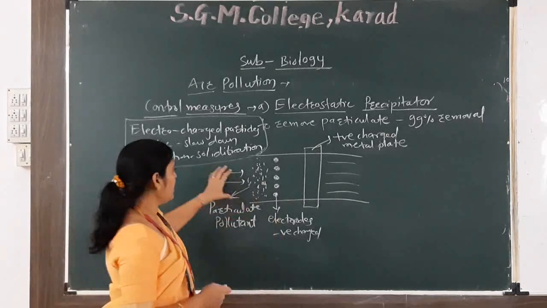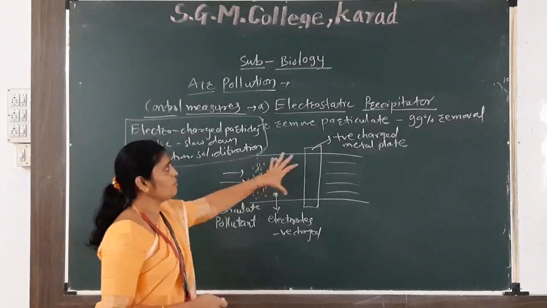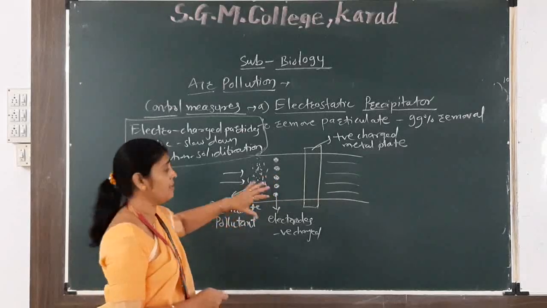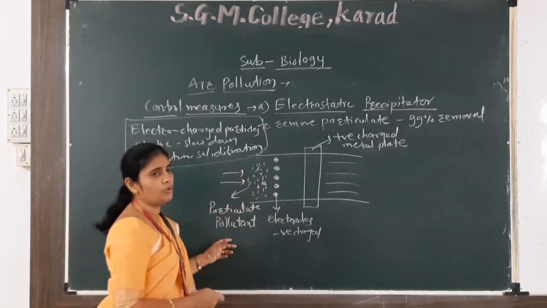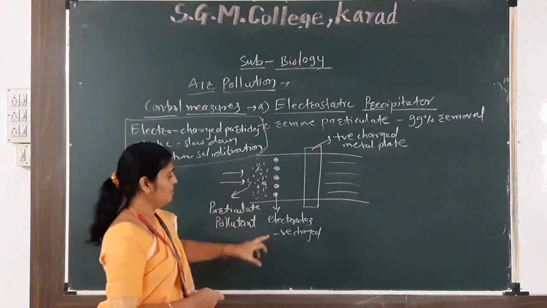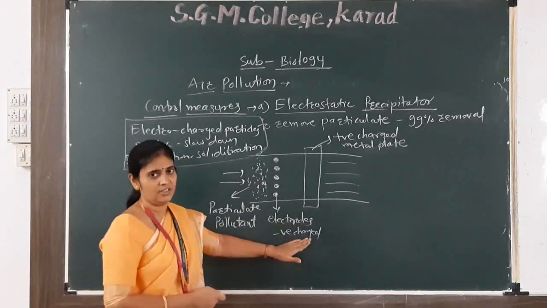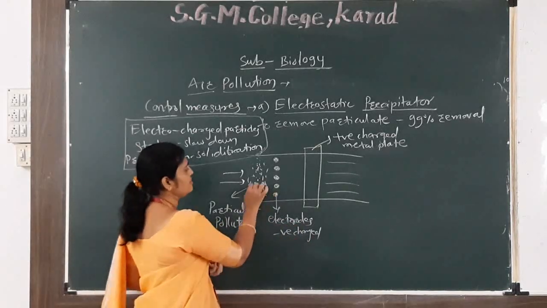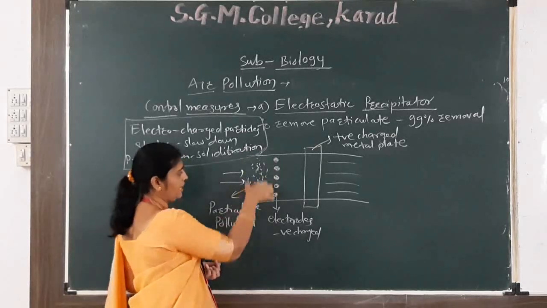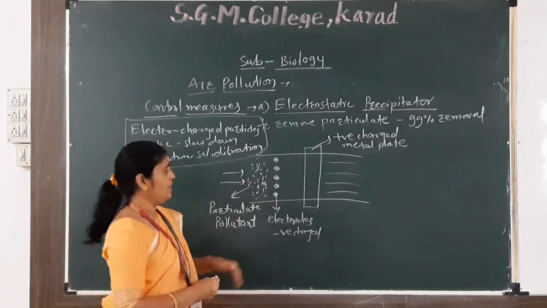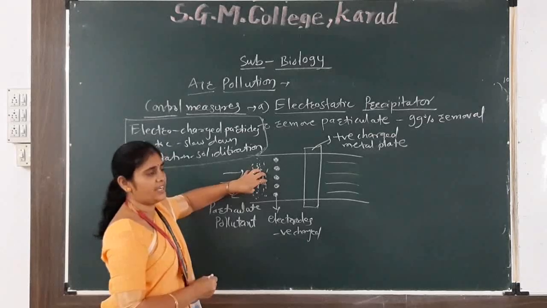When the particulate matter goes through this electrostatic precipitator, the particulate pollutant passes over the electrodes which are negatively charged. There are some dust particles present in that exhaust chamber, and the particulate matter gets attached to these dust particles.